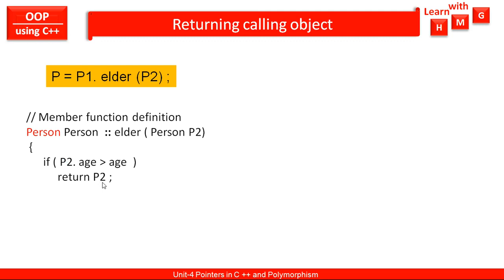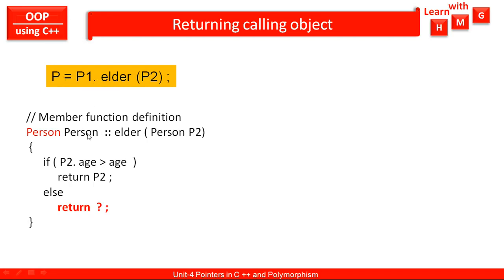Now if this condition is true, then the age of the P2 object is greater, so return the P2 object. Else the age of the P2 object is smaller than this age, so this age is greater, which means you have to return this object. Which object? The calling object. But how to return the calling object? That is the question. Whenever I want to write the return statement here in the else part, I cannot write return P1, because in the calling portion of the program, P1 is calling the elder function and P1 is acting as the calling object.